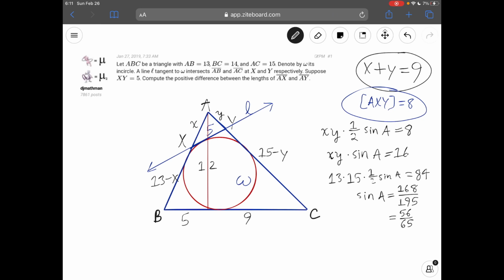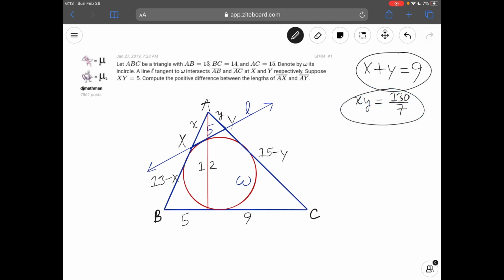So plugging that in to xy times sine A is 16, that means that xy is 16 divided by this 56 over 65. We have xy equals 16 times 65 over 56, which is 1040 over 56, or 130 over 7.